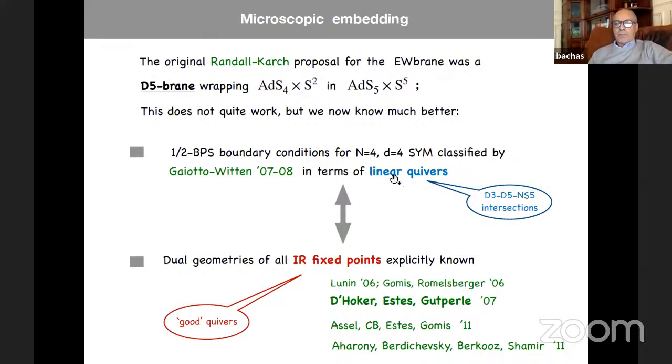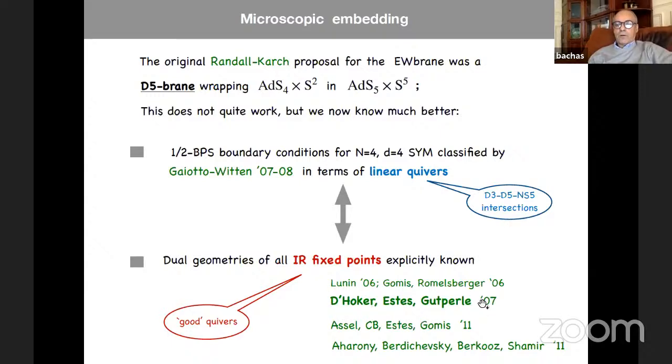I won't say much about this. That's basically gauge theories with fundamental and bifundamental matter and with half maximal supersymmetry. Not only we know the field theory side, but we know very precisely the geometric side here. And the dual geometries of all infrared fixed points of these gauge theories have been now explicitly worked out.